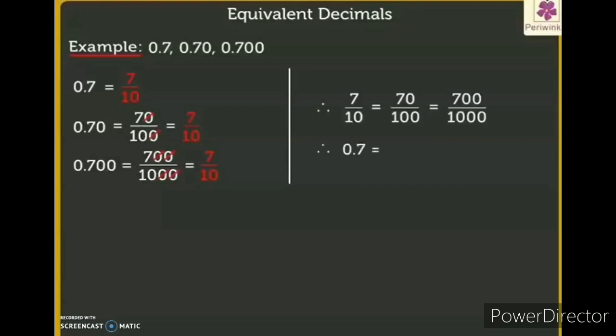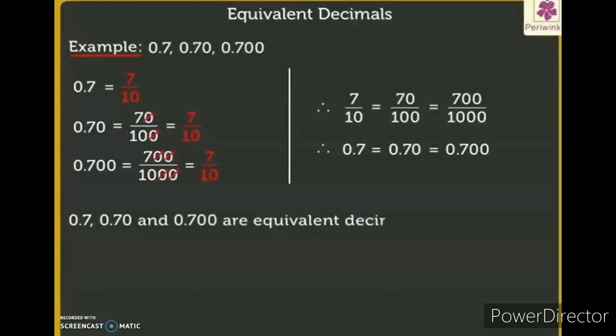So we can say that 0.7 is equal to 0.70, which is equal to 0.700. So 0.7, 0.70 and 0.700 are equivalent decimals.